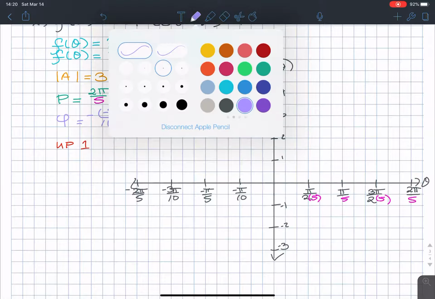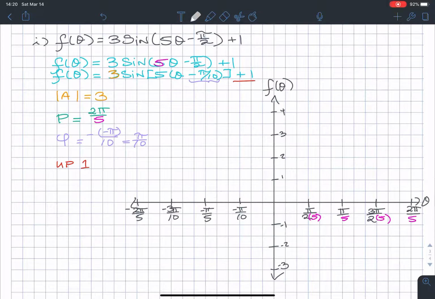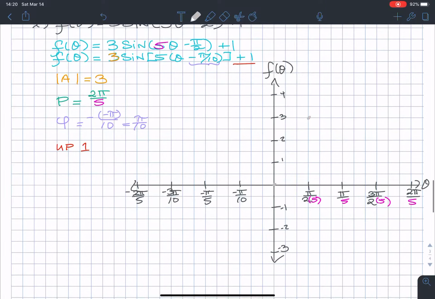But prior to that, I'm going to plot without any translations. So sine usually starts at 0, goes up to amplitude when it's positive, back down to 0, down to negative amplitude, and back to 0, and has 180-degree rotational symmetry. So this is sine without any vertical or horizontal translations.